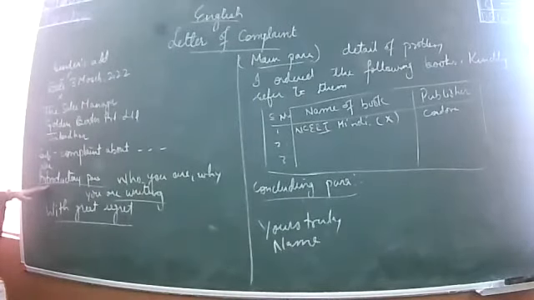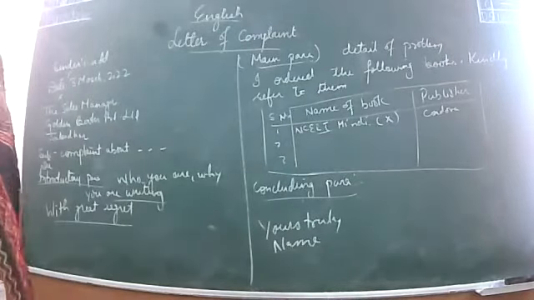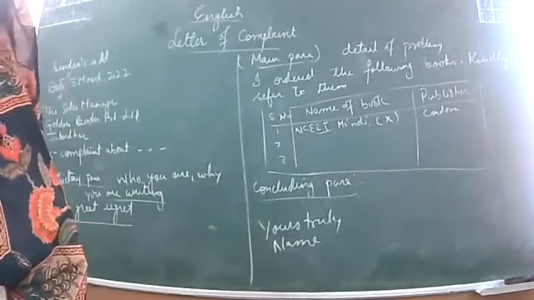Then, sir, the introductory para: who you are and why you are writing a letter. With great regret, I want to tell you that, okay, I purchased. Here you will tell what you purchased, on which date, and the bill number. Three things you will write down. This you can write down in books also. Bill number you can also write down in books also.